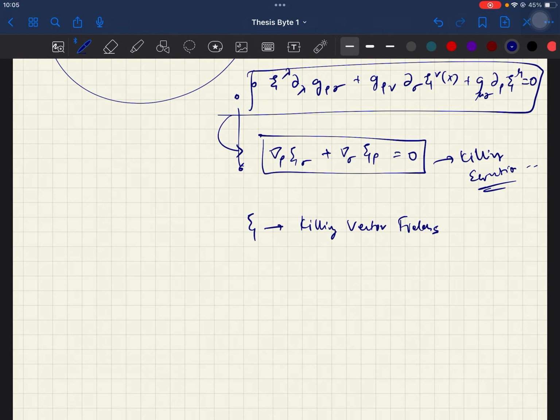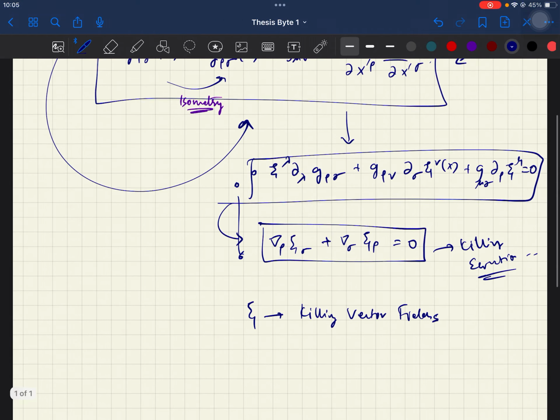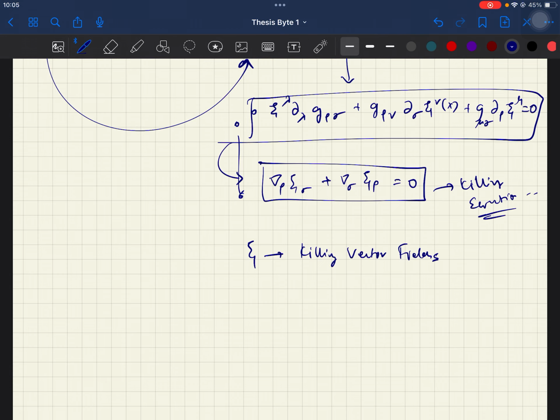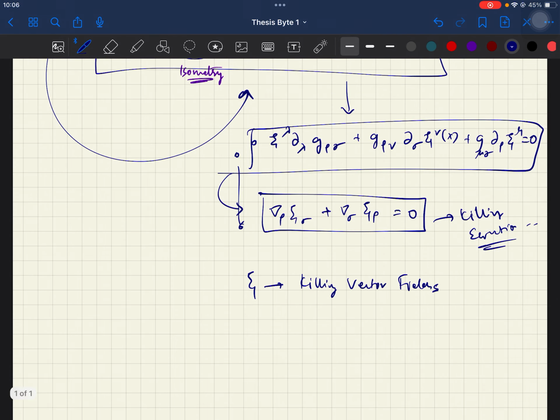Then we looked at what isometries you get for Euclidean space. It turns out Euclidean space is a very simple case to solve, because you know your metric, right? Diagonal 1 1 1. That's it. To solve these equations, you get your killing vector fields, which are simply the generators of rotations and translations.